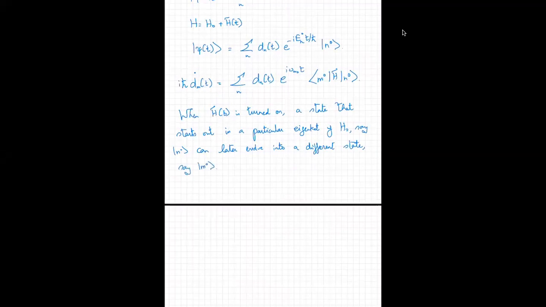Okay, this is the essential difference. This is the stuff that doesn't happen if I don't turn on the H tilde.